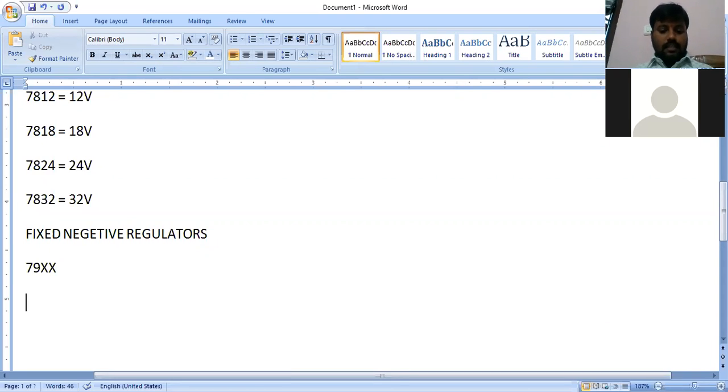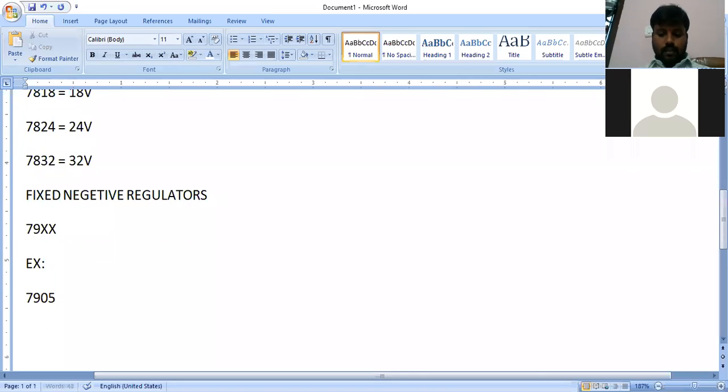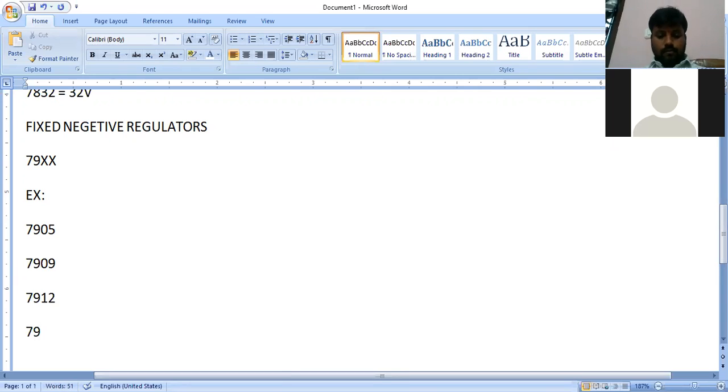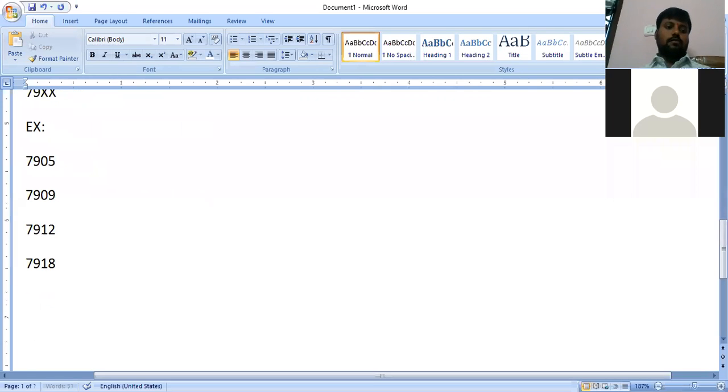Same like the 78 series, examples for this 79 series are 7905 and 7909, 7912 and 7918, like this.